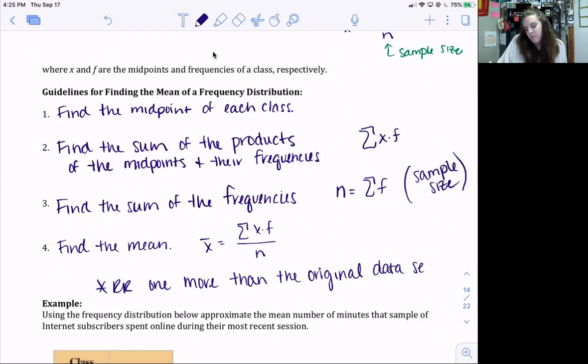Be careful not to do it based off the midpoint.